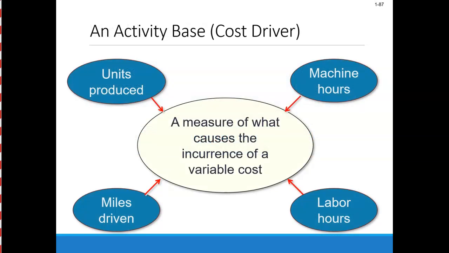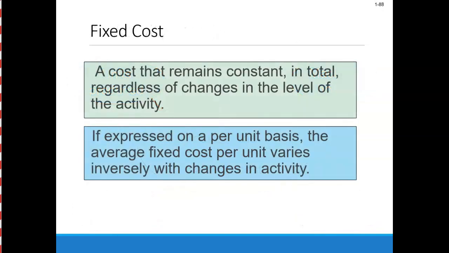So, we've got something called a cost driver. The cost driver or activity base is the measure of what causes the incurrence of the variable cost. Could it be machine hours or labor hours or units produced or miles driven? There's some activity or cost that drives the cost, that because of those hours, they can determine how the cost is going to unfold.